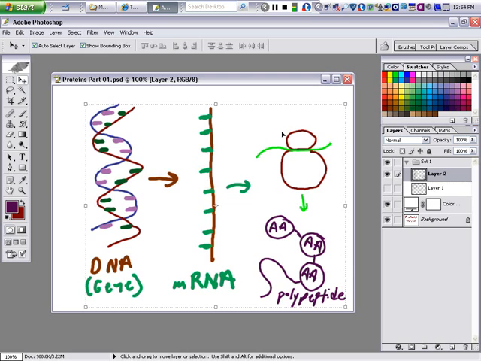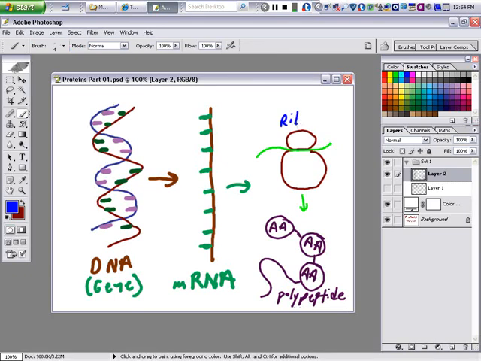Ribosomes. Topoisomerases have to do with how tightly coiled the DNA is and uncoiling the DNA, but we'll talk about that later on. And so here, this is going to be our ribosome.